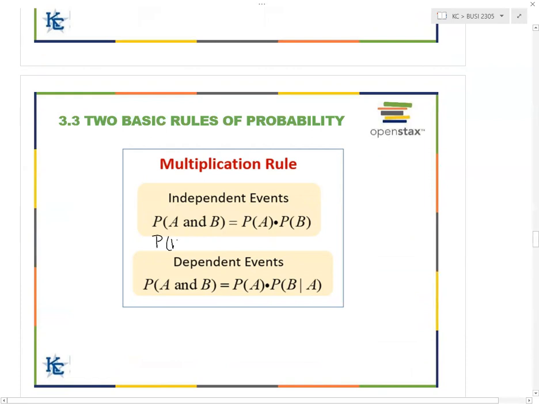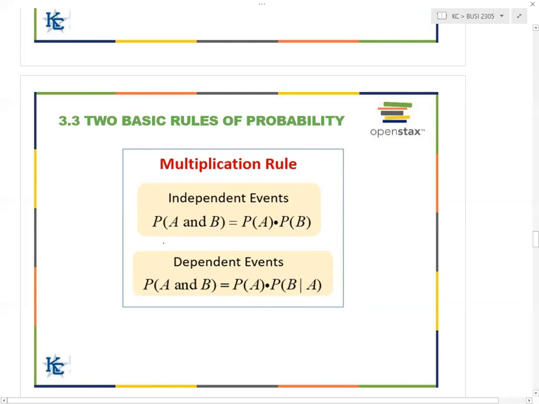So the probability of A intersect B. If they're independent, then you're just going to do the probability of A times the probability of B. If they're dependent, then you have to do the probability of A times the probability of B given A. And that's because the probability of B is affected by A already occurring.